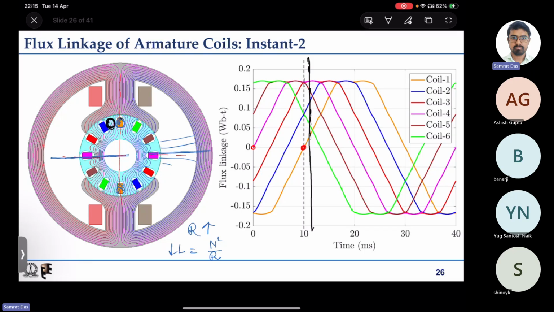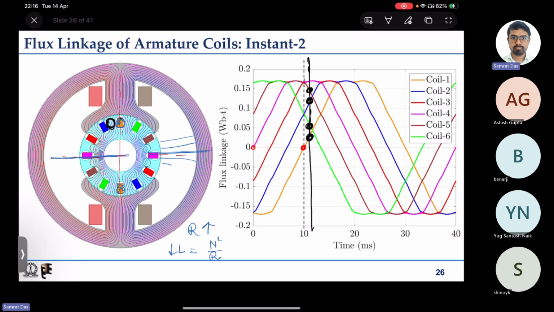At that instant, you can see that the red one is having positive slope, the blue one is having positive slope, the green one is having negative slope, the brown one is having negative slope, and the others are having zero slopes.